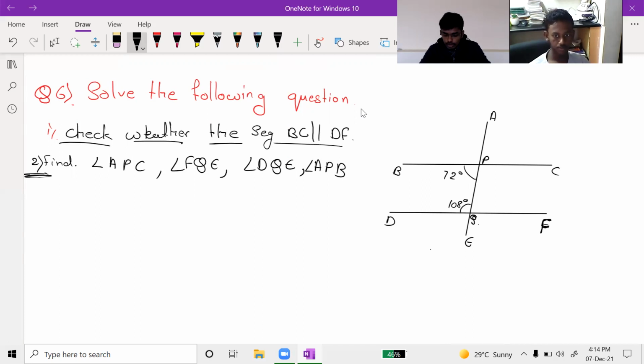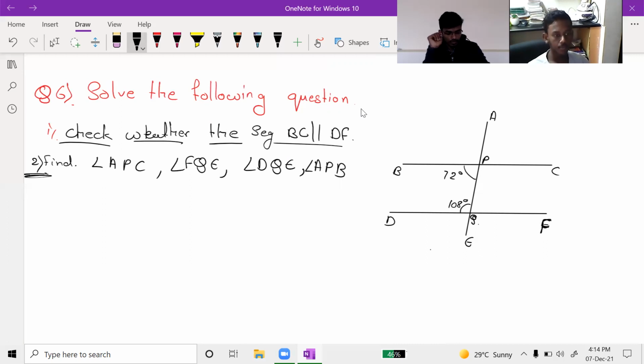Now, how to check? See, two internal angles are given on the same side of the transversal. If the addition is equal to 180, then we will say these lines are parallel to each other.